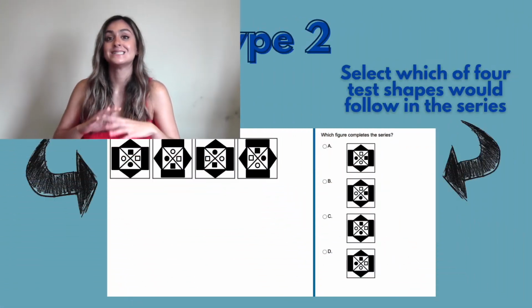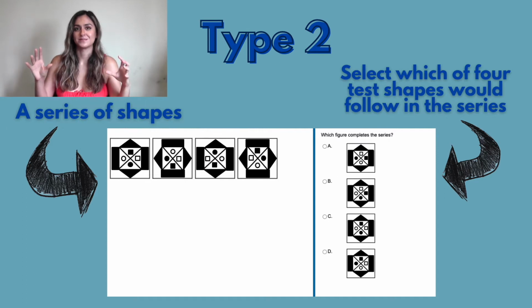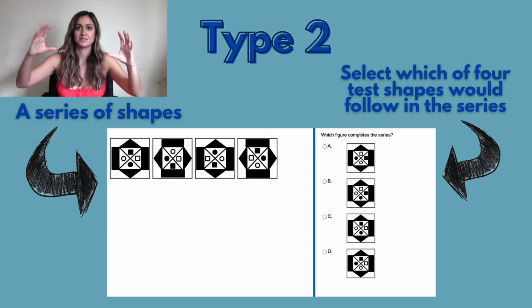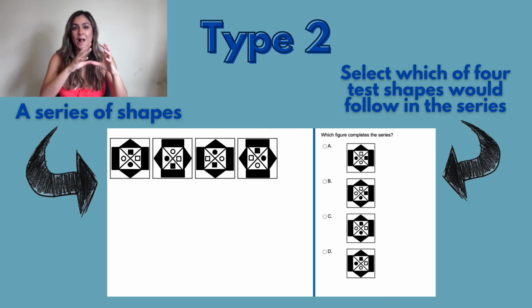So now let's move on to the second type of question that you can get in the abstract reasoning section. This is a series of shapes. By this, I mean that we have a series of about 4 boxes which all have something in common, as in they progress.